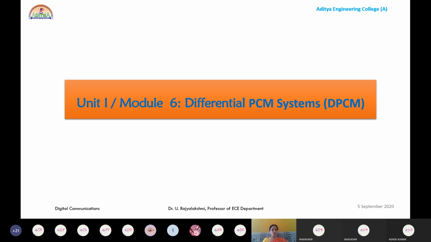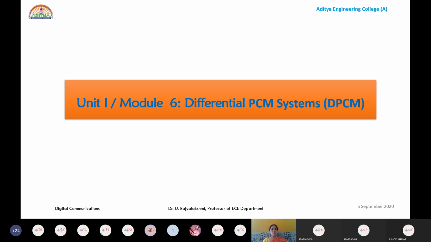Compounding is a process of non-uniform quantization where you can provide a stable SNR by using a compressor, followed by uniform quantization, and then followed by expanding at the receiver. The process of compression and expanding at the receiver is generally called compounding. This type of system will provide a uniform or stable SNR.